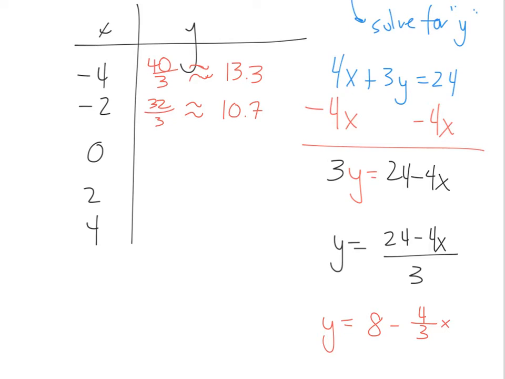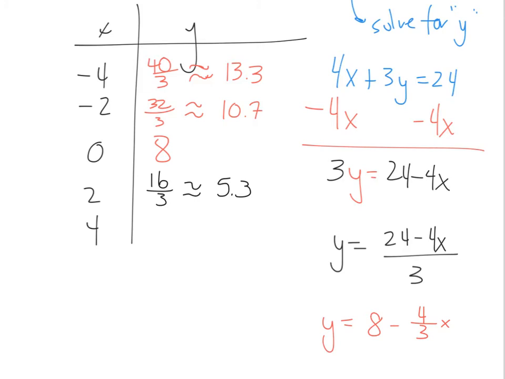The 0 is the easy one. It's just 24/3. 8. Very good, right? The 0, you literally just cover this up right here. When x is 0, you get 24/3. How about the +2? +2? 16/3. Good. Which will give us 5 1/3 or 5.3 repeating.